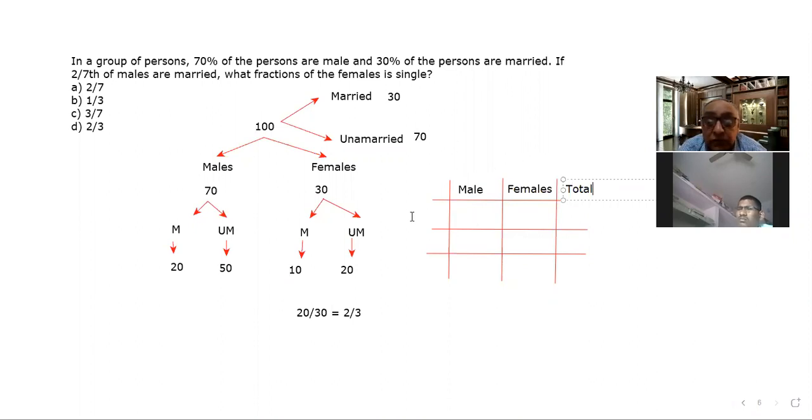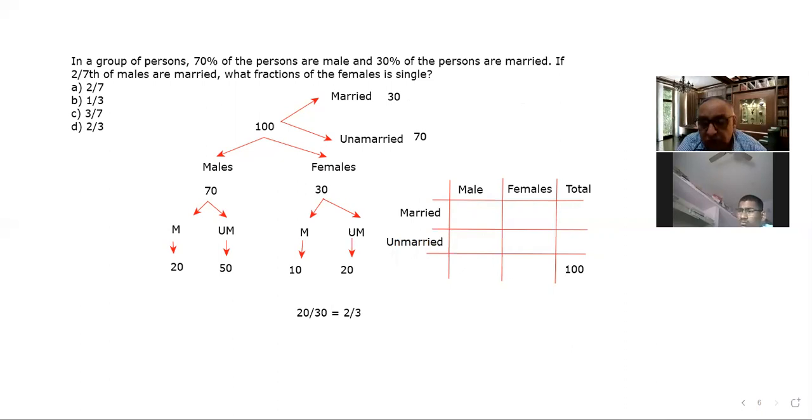So on this side, we will take how many persons are married in the group, and here the unmarried persons in the group, because only these are the two types of classifications which have been given. So now the grand total becomes 100, because the total number of persons we have assumed is 100.